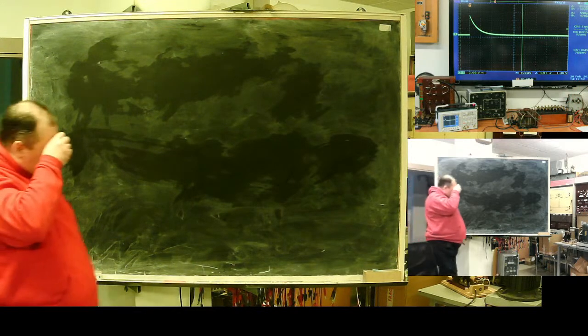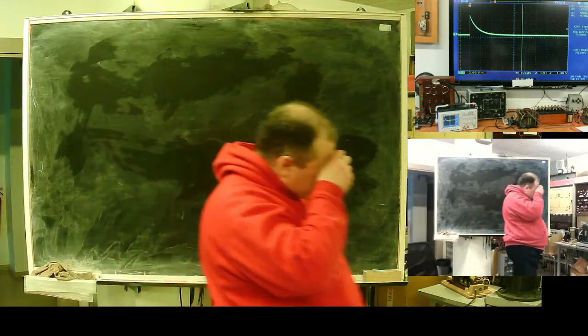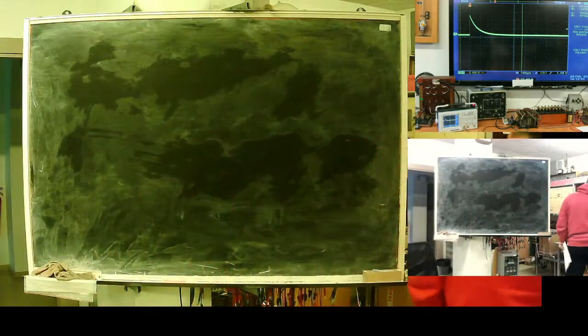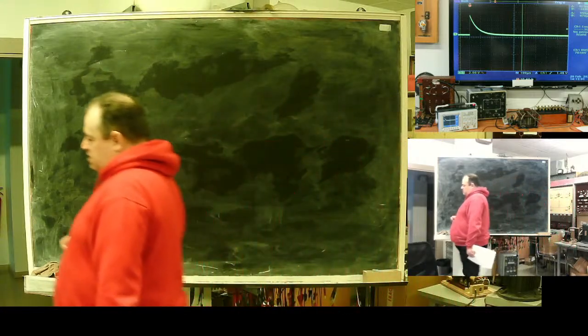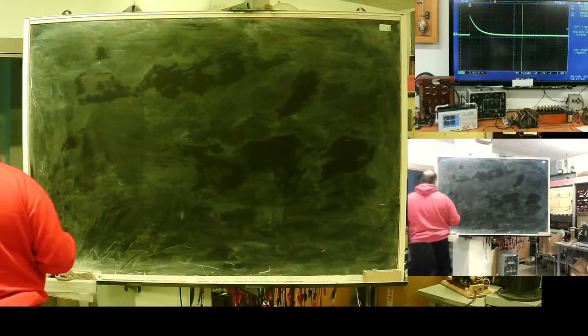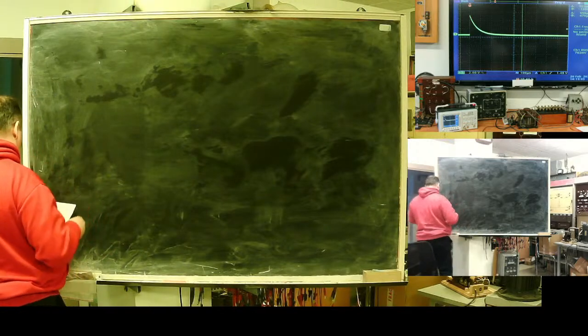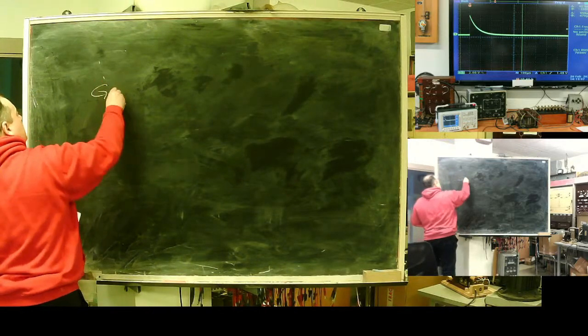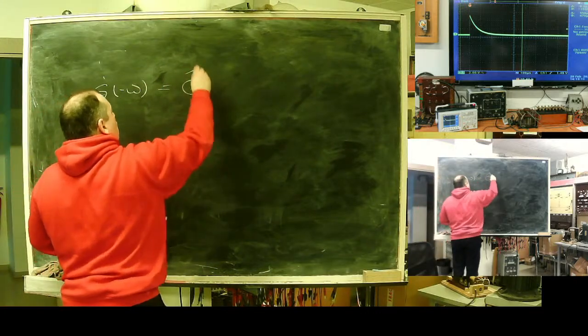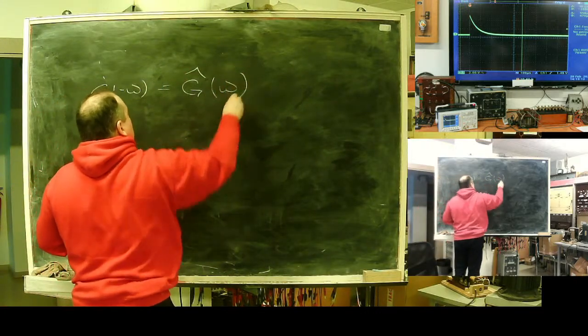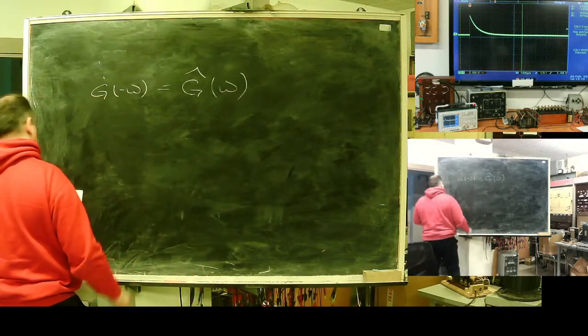There is one moment, because at the basis of this exponential form of the Fourier transform is Euler's formula. I can always write that the spectral function of minus frequency is a conjugate of the spectral function of positive frequency.